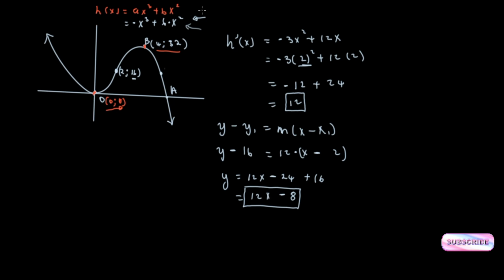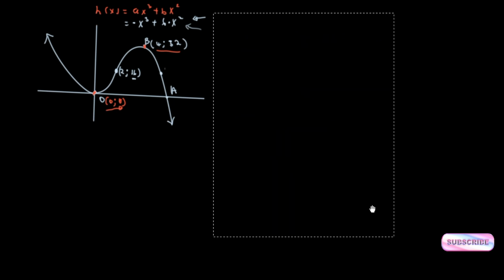Now let's do the other question, which is to find the coordinates of a. To find the coordinates of a, you know only one thing: the y is 0, as it is lying on the x-axis, the x-intercept.